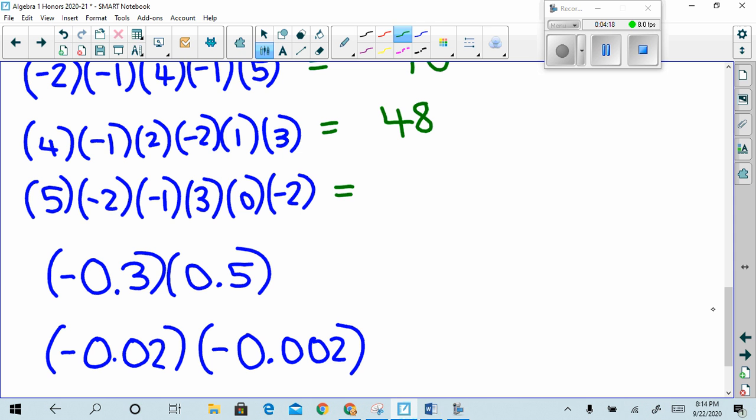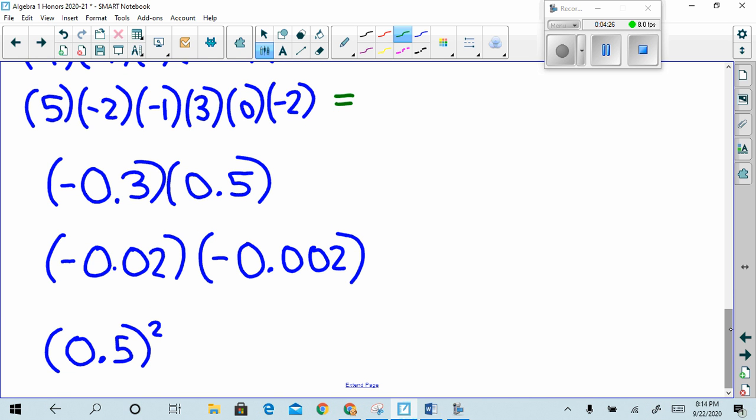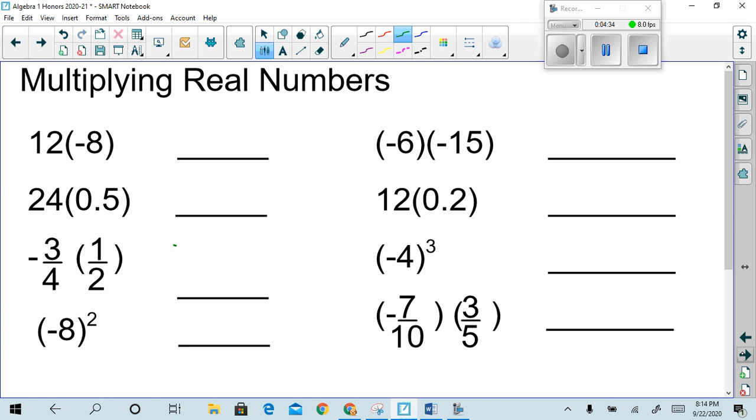I want you to think about the signs, and I want you to think about where your decimals belong on these problems. So there's a couple more for you to try. And as I said, as we meet up in the session today, we'll go over those answers. Little more practice for you.